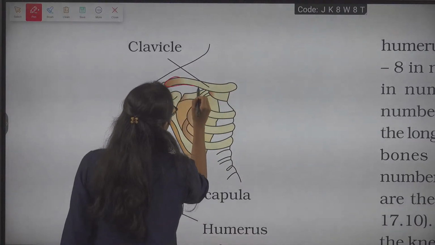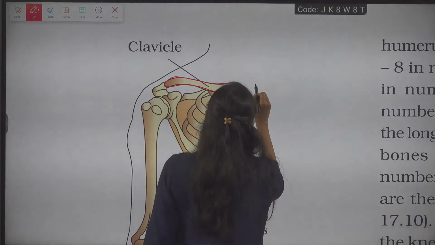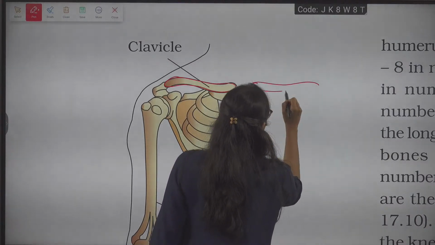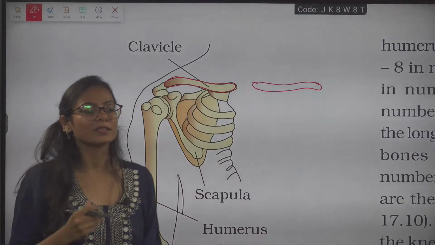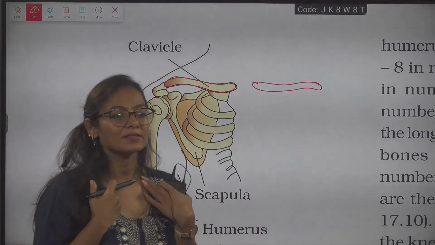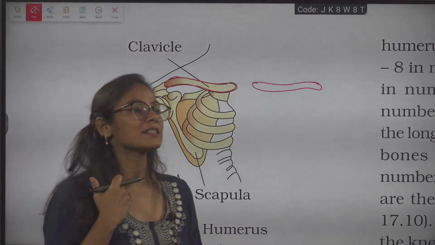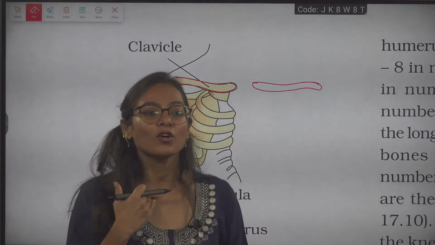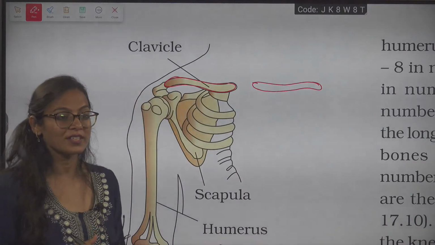Same way you will have another bone on the other side also. So what is this bone? This is present in your collar part. You can even touch and feel this bone. So this is our collar bone. It is also known as beauty bone. Girls will know.